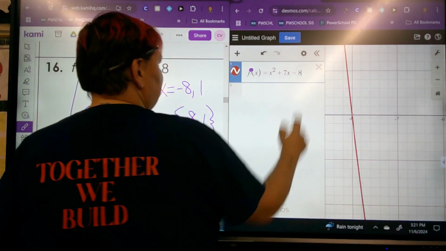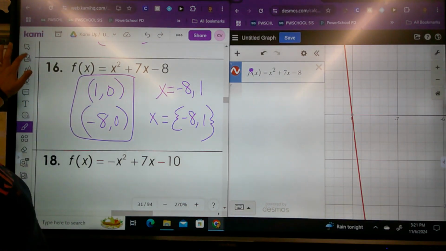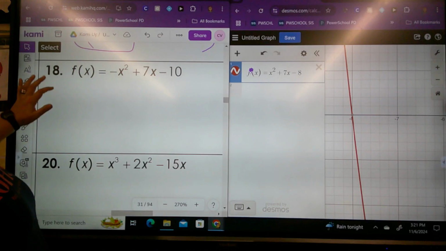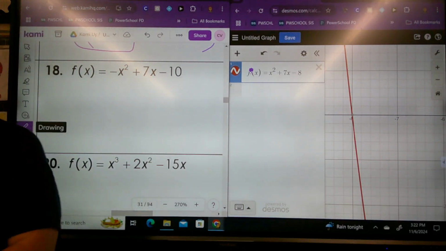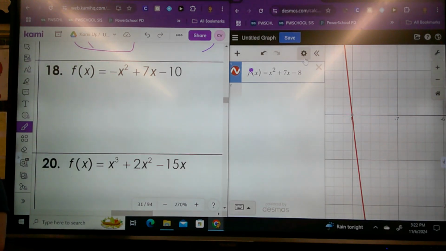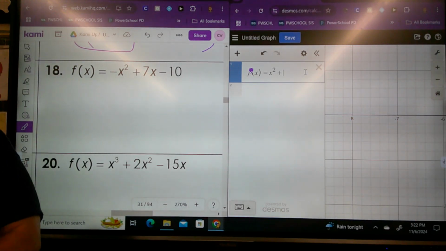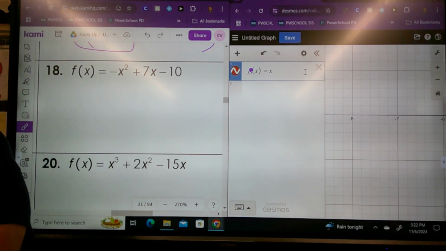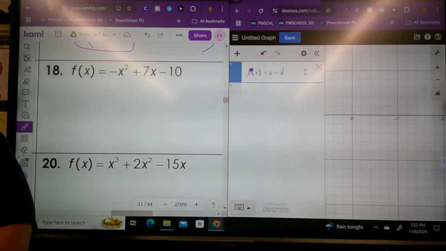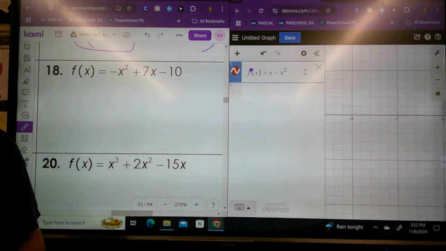Alright, going down to number 18. It's a whole lot faster with the calculator. Aren't you happy I'm letting you use the calculator? Hopefully I found some calculators. Negative x squared. Ooh, this should be interesting. Let's see what that does differently.